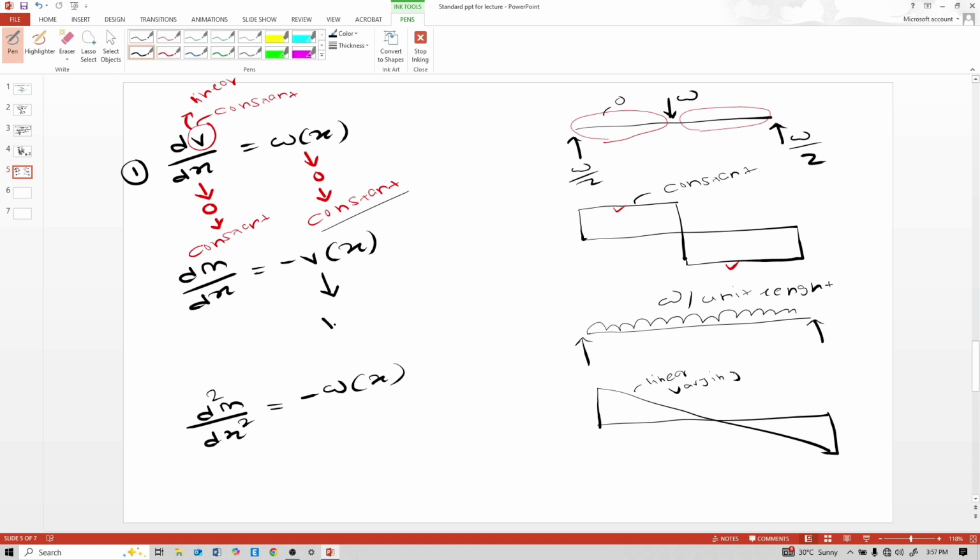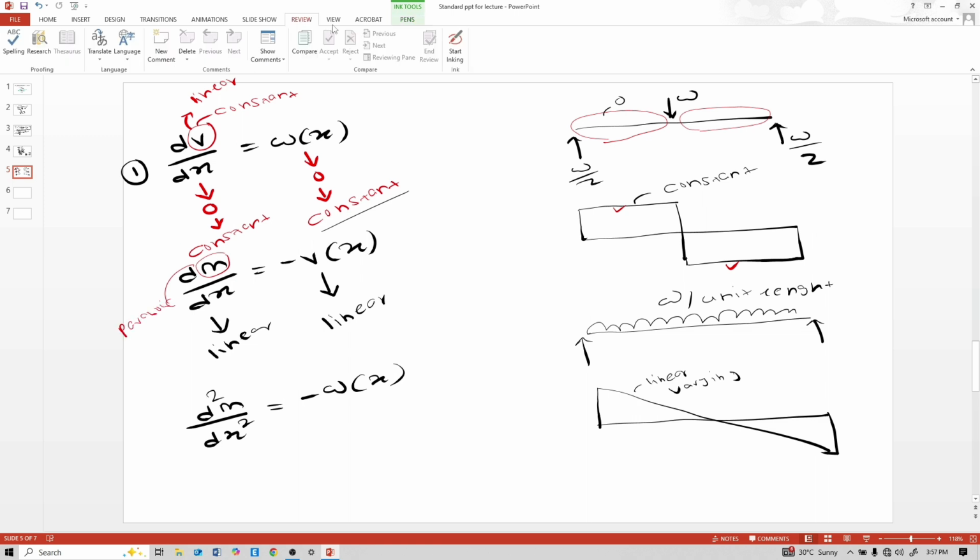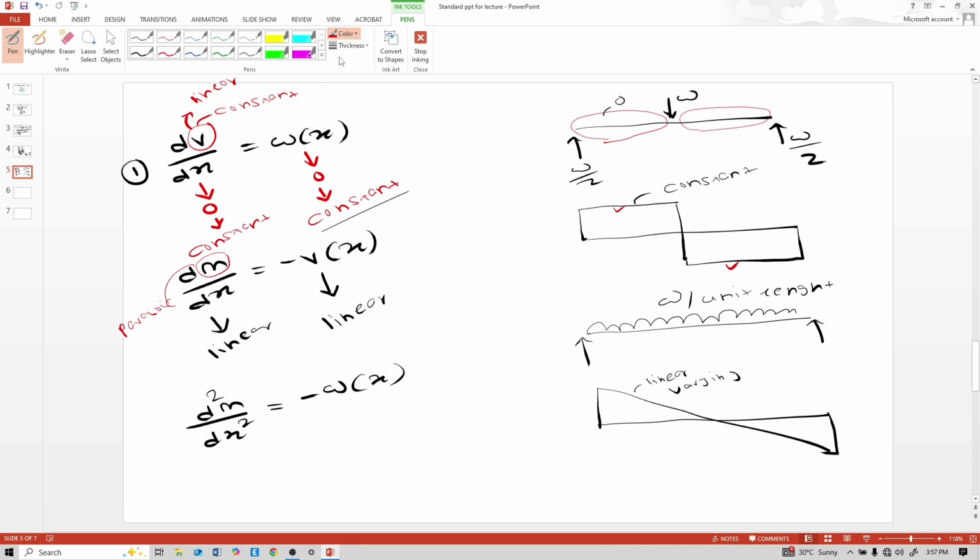That means this v of x is linear. That means this dm by dx is also linear, but this m is one order higher. That means this is parabolic. That means this comes like this.